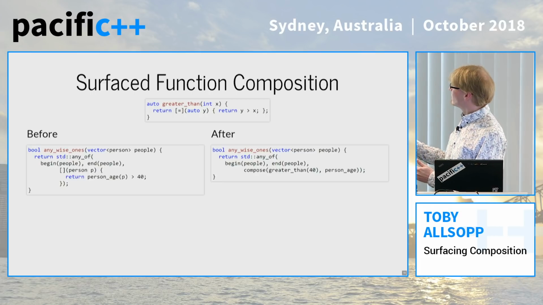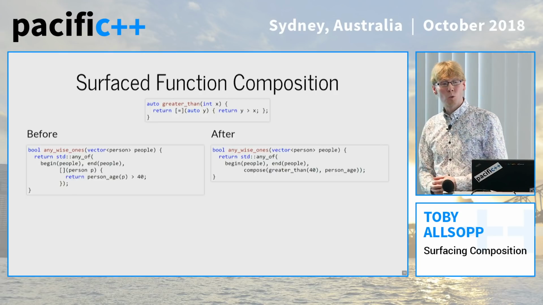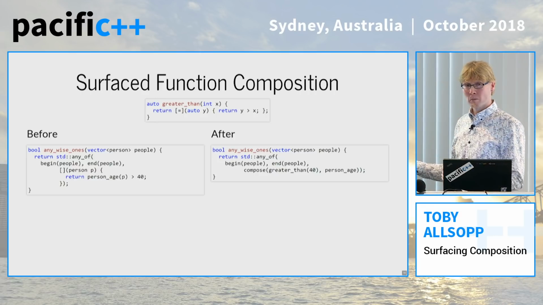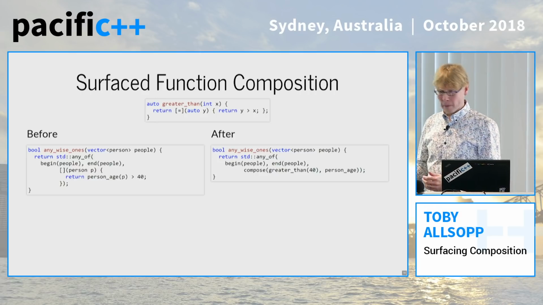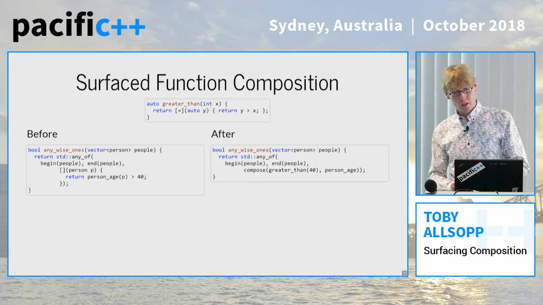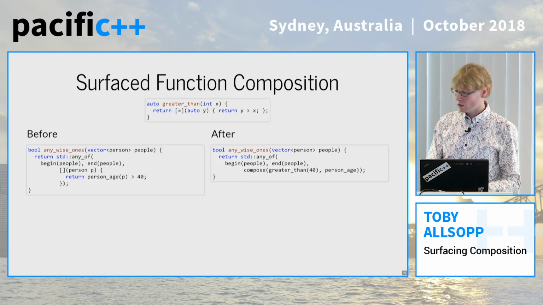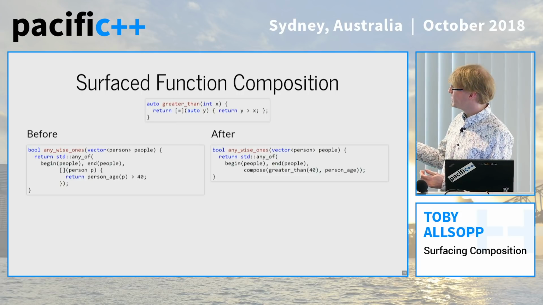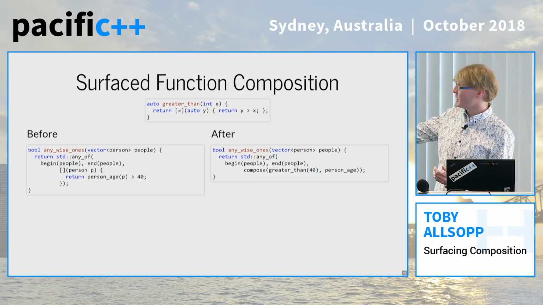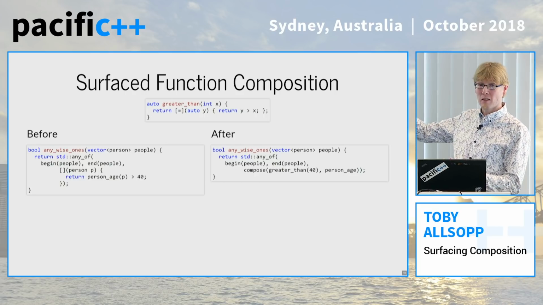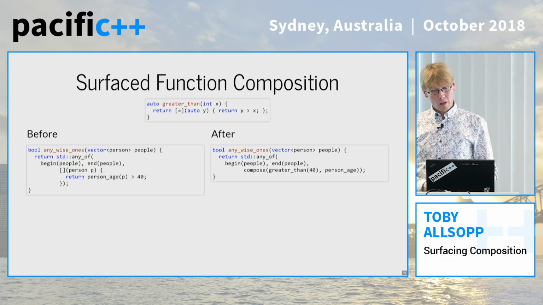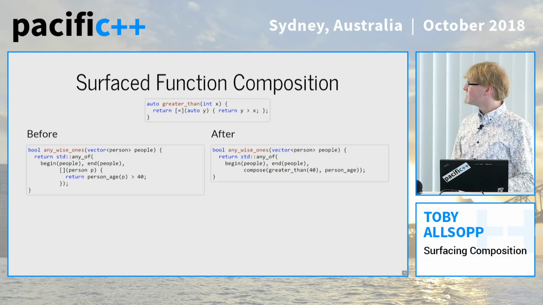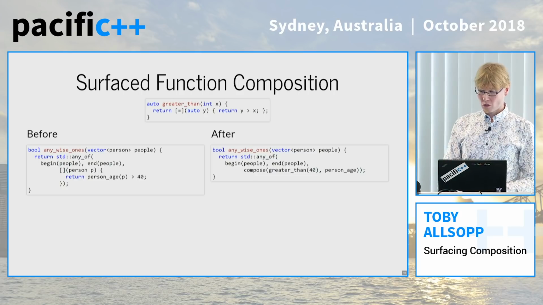Again, this doesn't necessarily read better in our code base, but the point is to call out the function composition that's happening there. We could go further. We could call out the composition of any of with begin, end, and the result of compose. But you would get very diminishing returns, in my opinion.